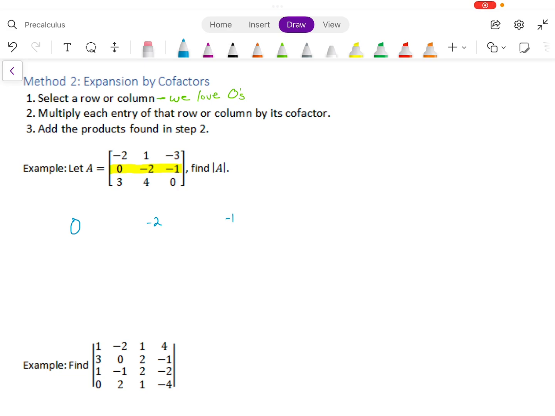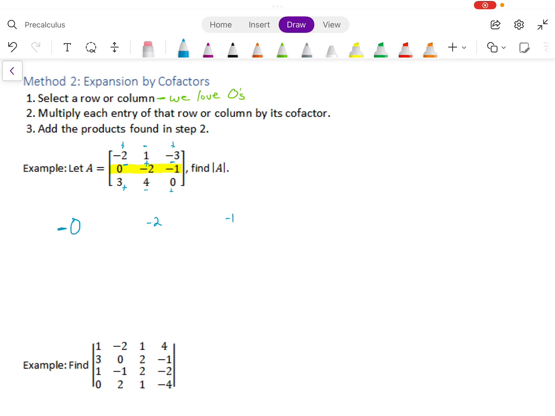We're going to multiply each entry by its cofactor. Its cofactor is when we cross out the row and column and find the determinant of that, and we have to determine if we change the sign or not. So remember this little pattern, plus, minus, and here we're going to do negative, the opposite.